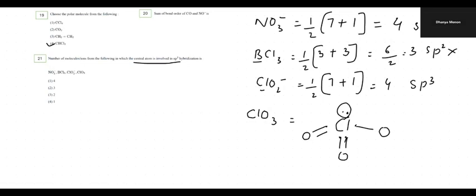Yeah. So there are 3 sigma bonds and 1 lone pair, that is 4, that is sp3 hybridization. Yes.